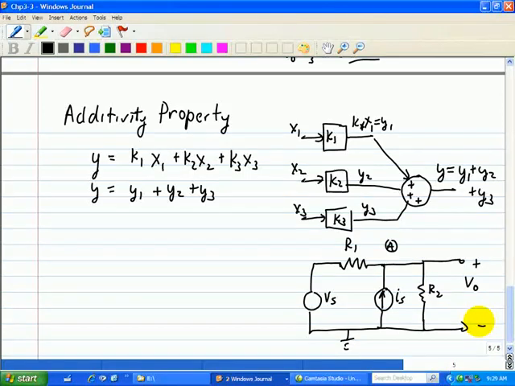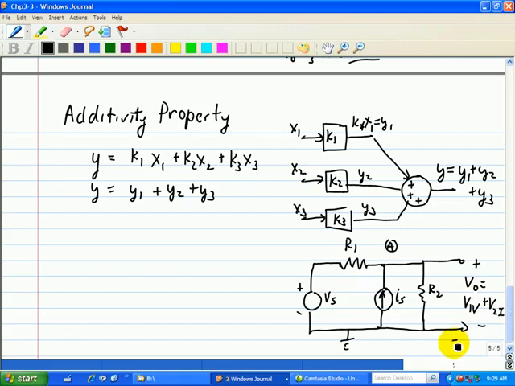Now what we could do here is find the output due to each of these inputs. So let's start off with VS, where we remove one of the sources, say IS, and we want to find the output 1 due to the voltage source and the output 2 due to the current source.